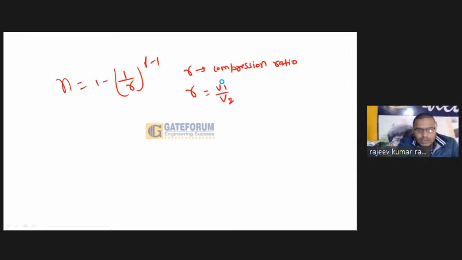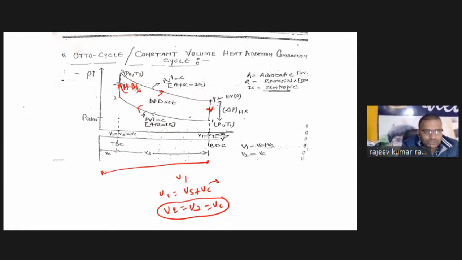You can also write r equal to V1 upon V2, so V2 plus Vs upon V2, so you can write 1 plus Vs upon V2.